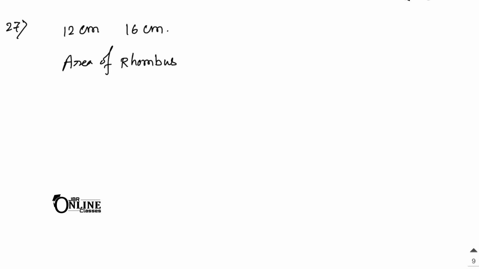The formula is half into product of diagonals. Remember that, half into product of diagonals. That means half into 12 into 16 centimeter square. So it's 96 centimeter square, that is your answer. It's very easy. Now move on to sum number 28.